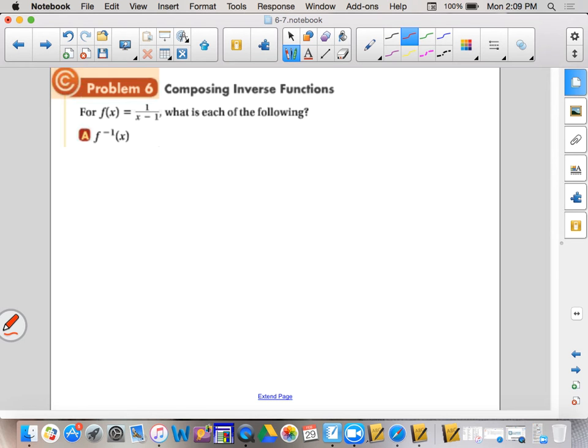Okay, this problem. For f of x equals 1 divided by x minus 1, find the inverse of x.